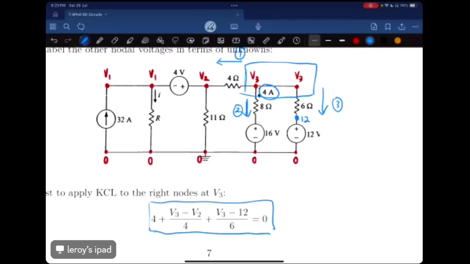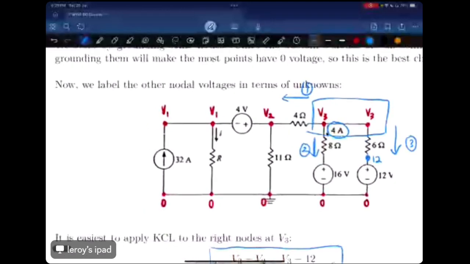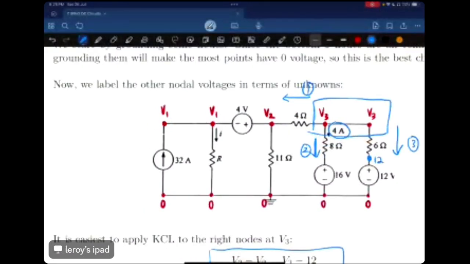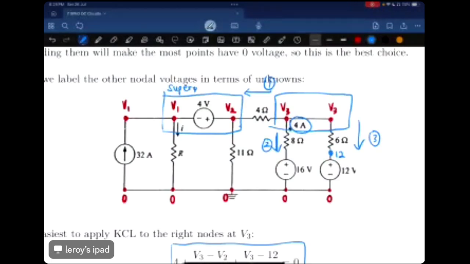The other point that we're considering is here. This is what we call a supernode because it contains a voltage source within.